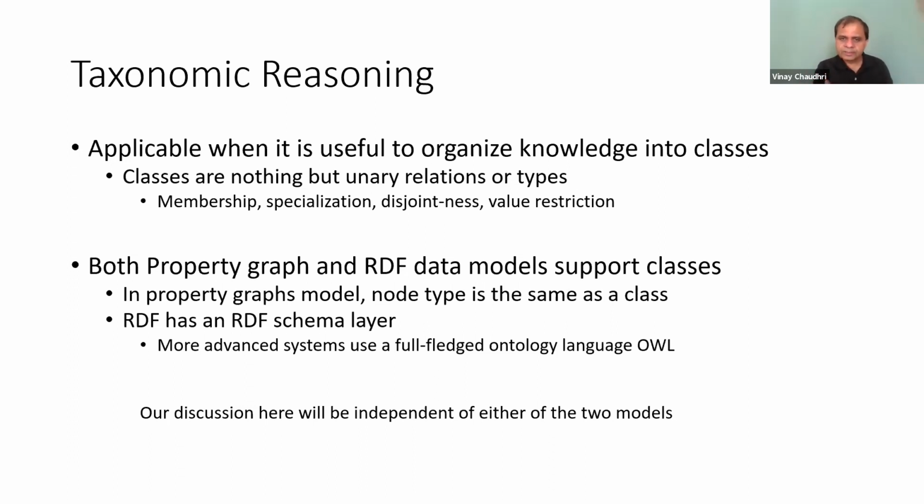I'm going to present the basic fundamentals of the inference without referencing either RDF or property graph, because the concepts or the basic inferences that you can do are independent of which data model you use. And obviously, there could be some specific differences when you get into the details of a model, but for the purpose of the course, I felt that it was not critical to get into those differences.